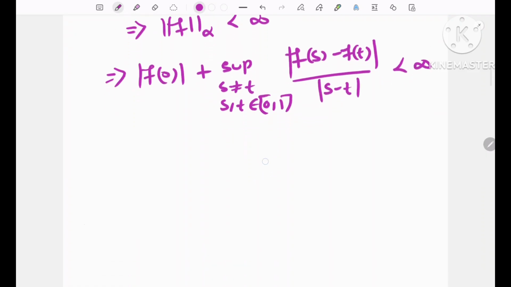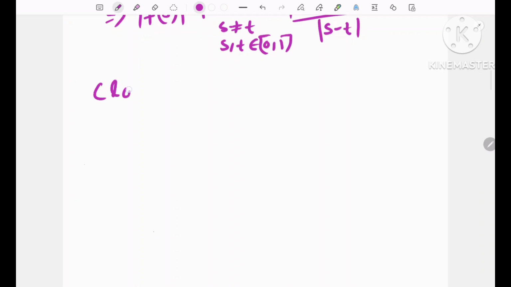This is given. Our claim is that f belongs to C[0,1], which is associated with the supremum norm.